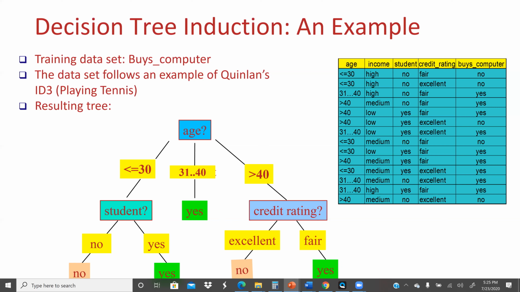The decision tree is trying to predict whether someone will buy a computer. Buying a computer may depend on your age, your income, whether you are a student or not, and also your credit rating, since you are going to buy the computer with a credit card.